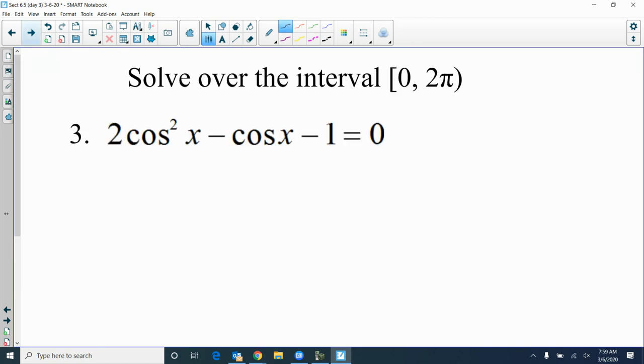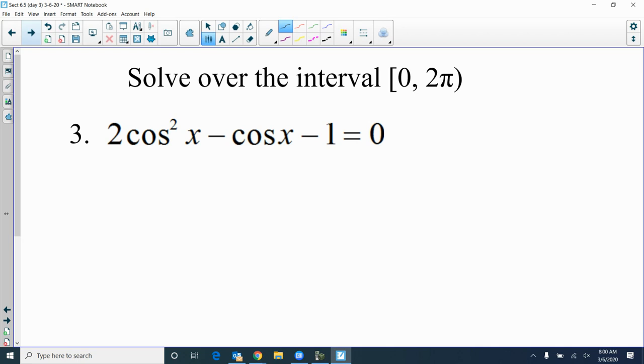Cosine, 2 cosine squared x minus cosine x minus 1 equals 0. Square root won't work.